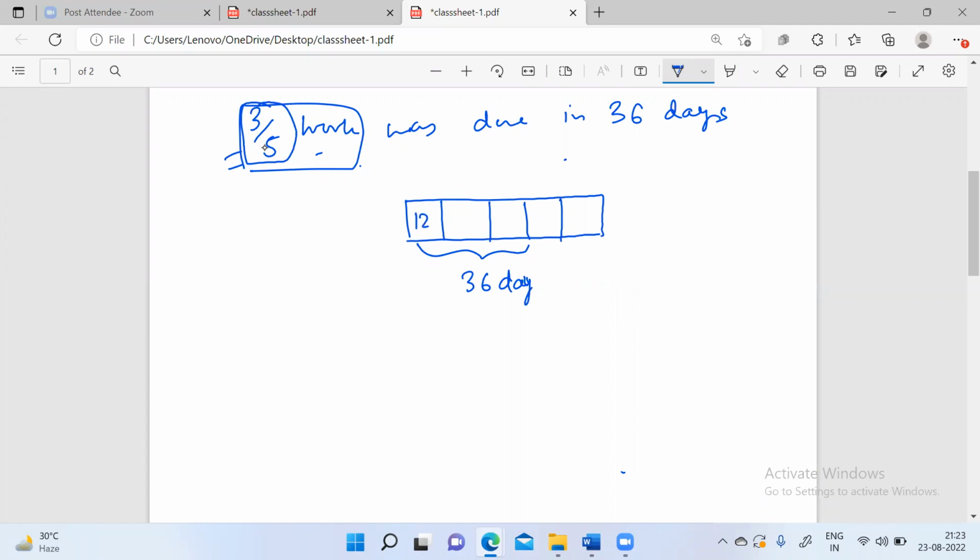So 12 days. हाँ, अब 36 हो जाने के बाद बचे कितने तुम्हारे पास? 2 more parts, तो उसमें भी तो 12 लगेगा ना। Yes sir. So total number of days to finish कितना हो जाएगा? 60 in total.